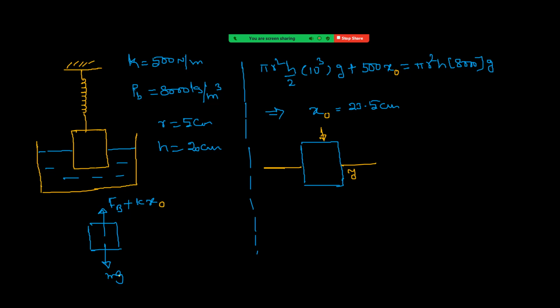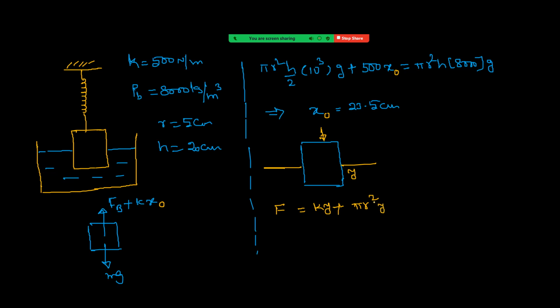Now see here what changes. Since we have extra volume inside, we get extra buoyancy force and extra spring force, and the sum of those two will become the restoring force. So I'm writing the restoring force, that is equal to k into y, this is the extra spring force, plus the extra buoyancy force, that is pi r square, the area, into y.